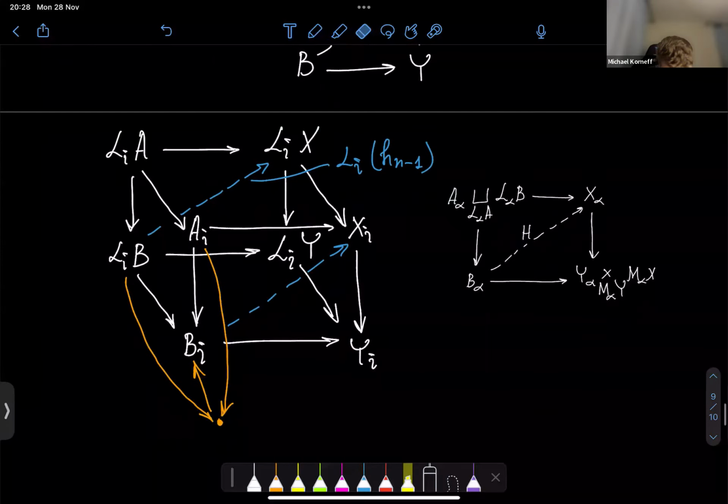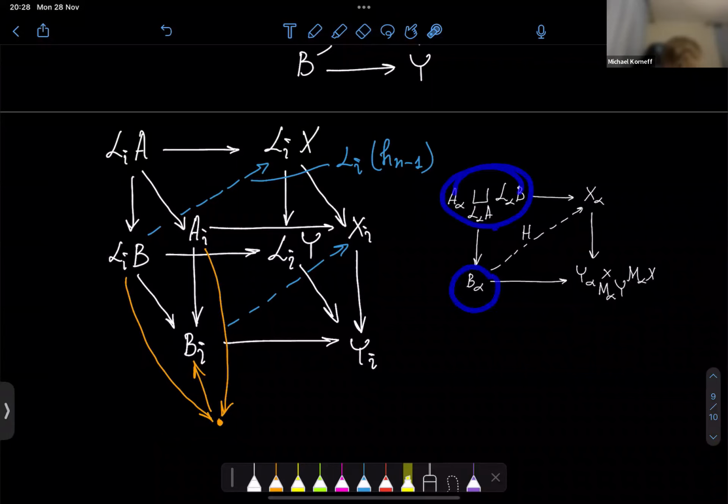Okay, and the map from the pushout to B alpha in this diagram is just this arrow.